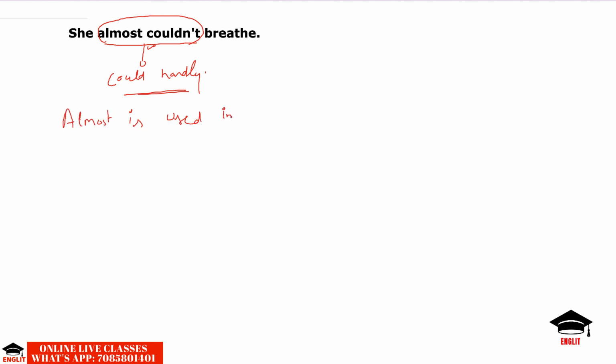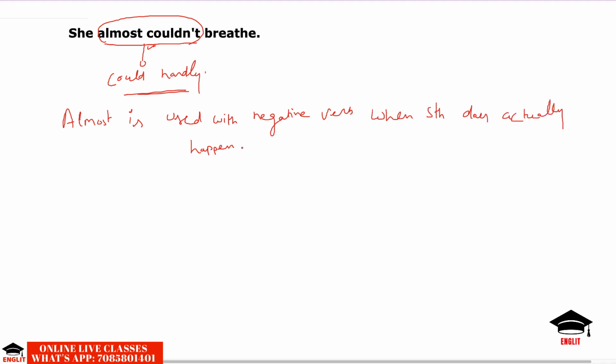Next question. She almost couldn't breathe. The error lies in almost couldn't and it should be replaced with could hardly. She could hardly breathe will be the correct statement. Almost is used with a negative verb when something actually does happen, and at the same time there was a possibility that it would not happen.